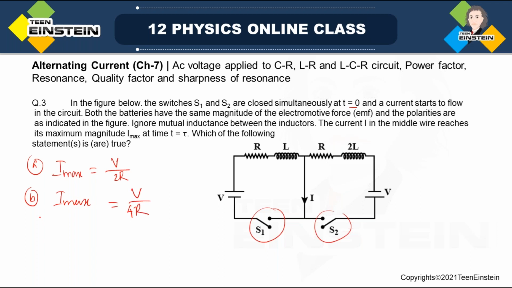C: tau is equal to L by R ln 2. And option D says tau is equal to 2L by R ln 2.